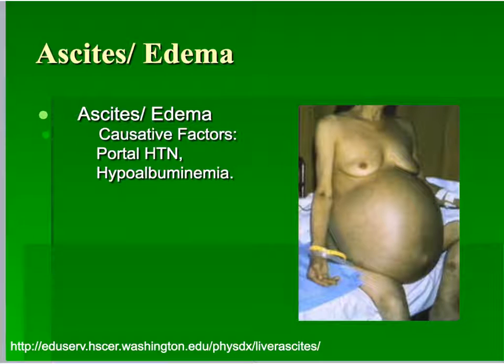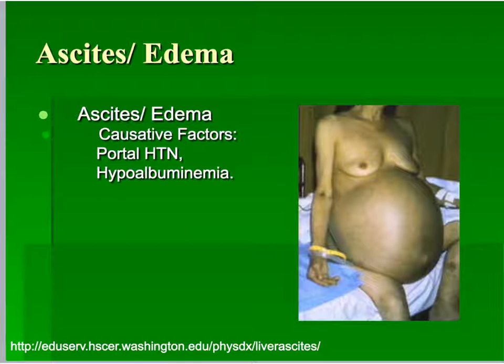Between the visceral and the parietal linings is a virtual space that we call the peritoneal space. And when fluid starts building in that peritoneal space, that's what we call ascites.